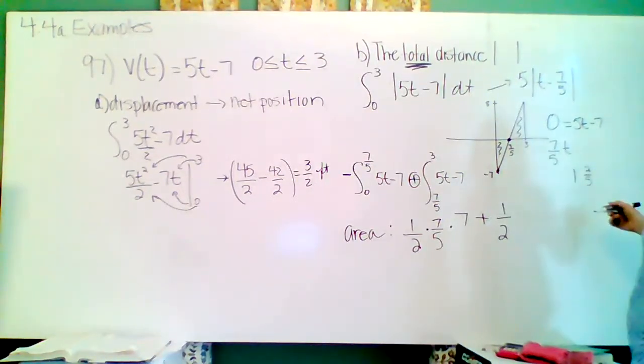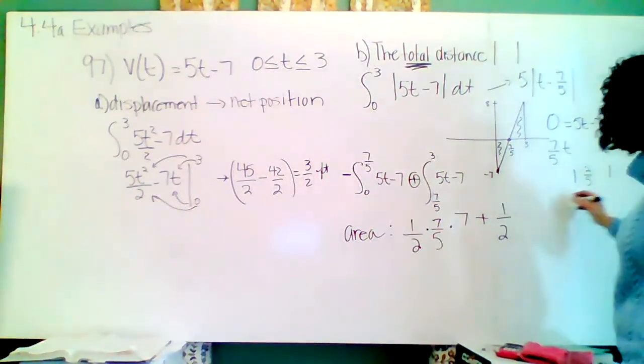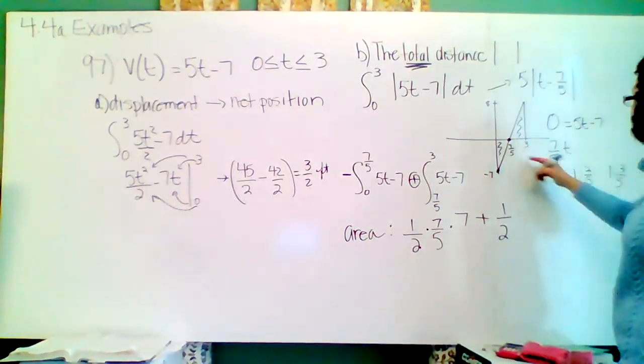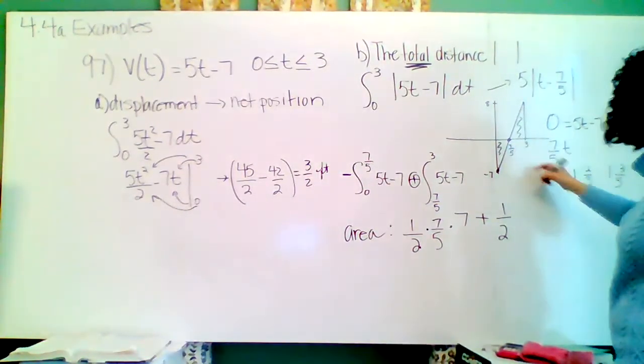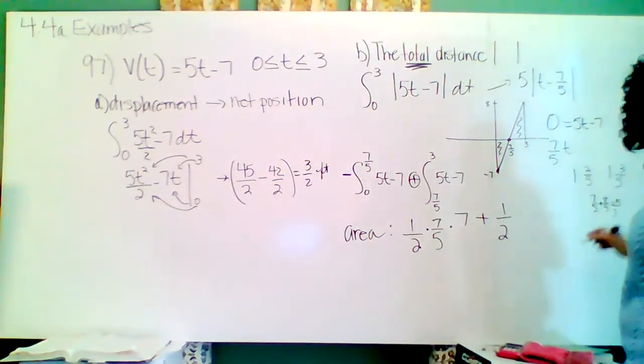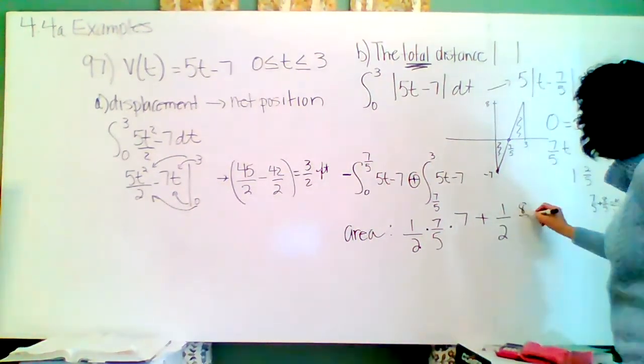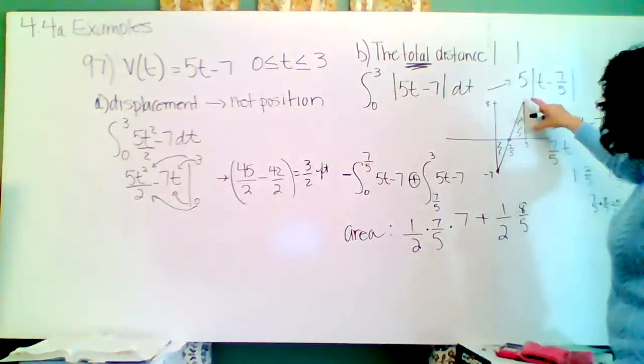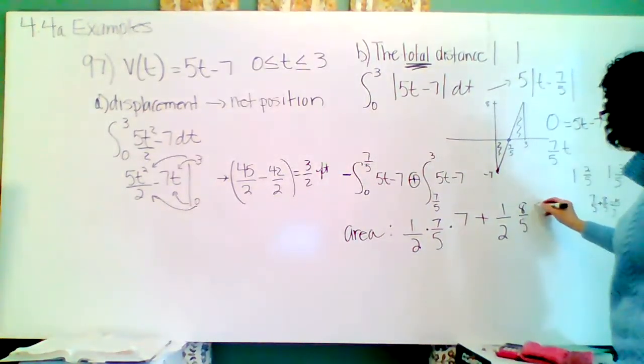I should have figured this out, right? That would be 1 3/5. That would be this base right here. So if I add 1 3/5, that's 8/5. So 7/5 plus 8/5 is 15/5, which is 3. So that would be 8/5 is the base here times the height.